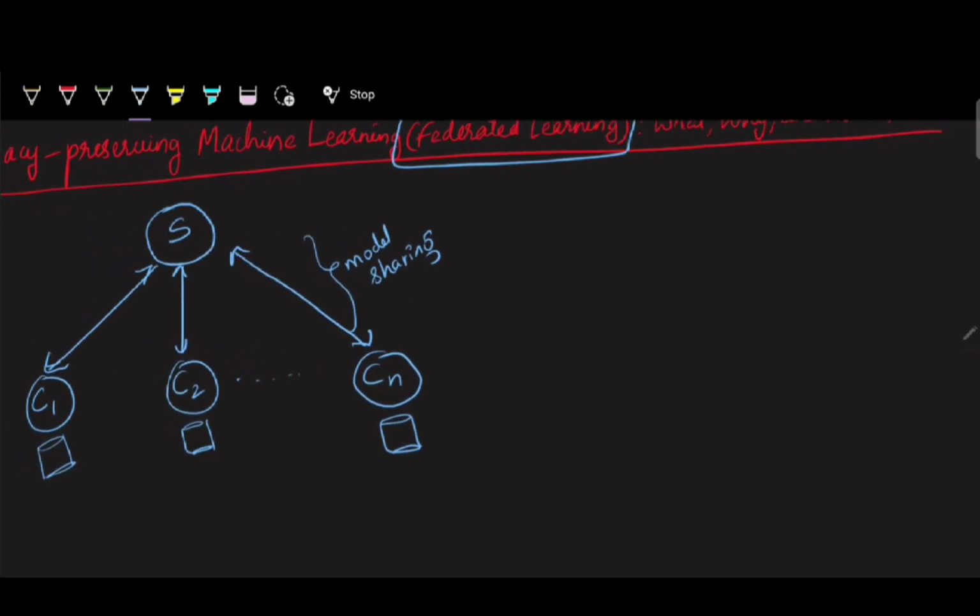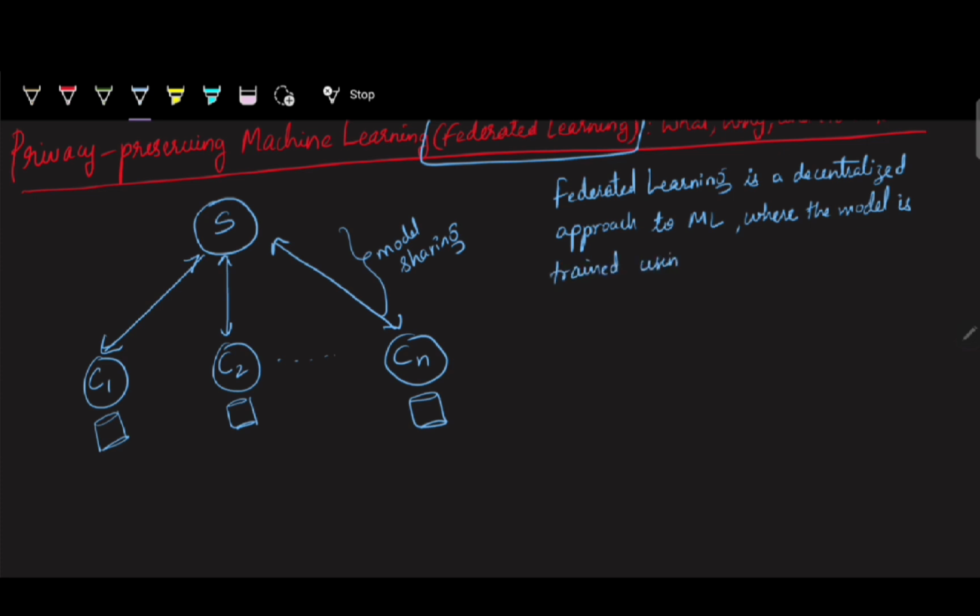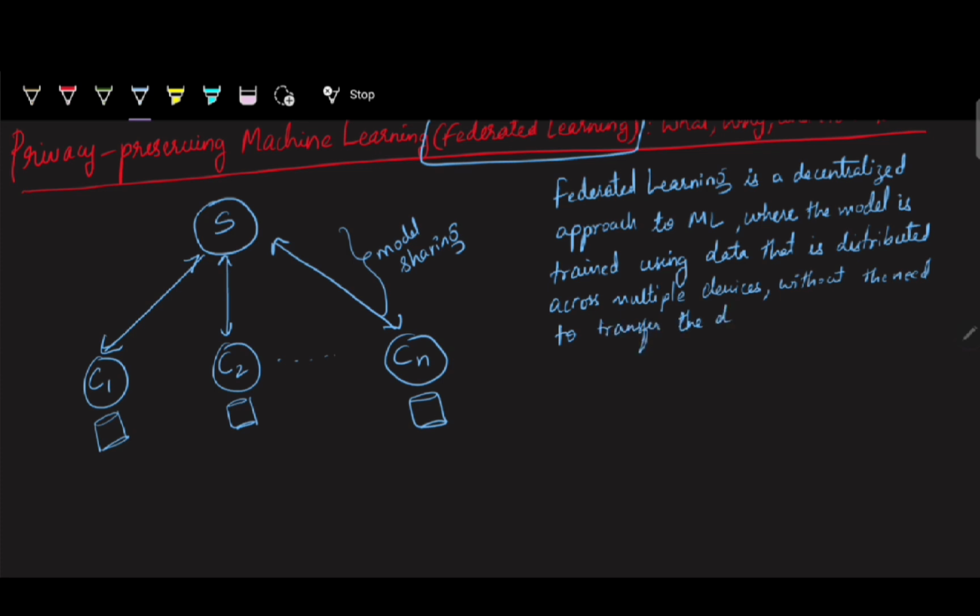So to give again a formal definition, federated learning is a decentralized approach to machine learning, where the model is trained using data that is distributed across multiple devices, without the need to transfer the data to a central location.